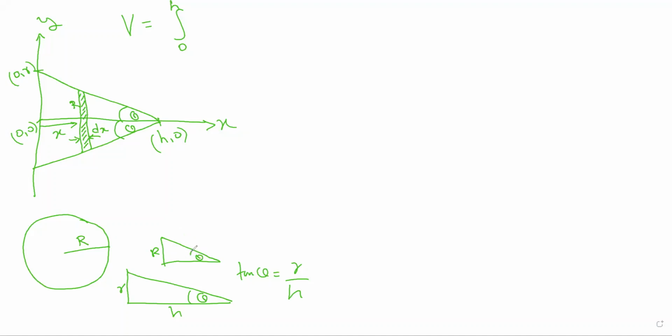The angle is the same theta, and this distance represents the remaining height. The total distance is h, and if we subtract this x length, this distance will be h minus x. Then tan theta is equal to r over h minus x.